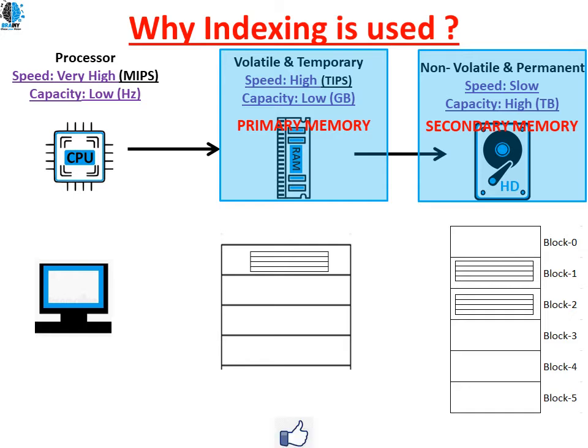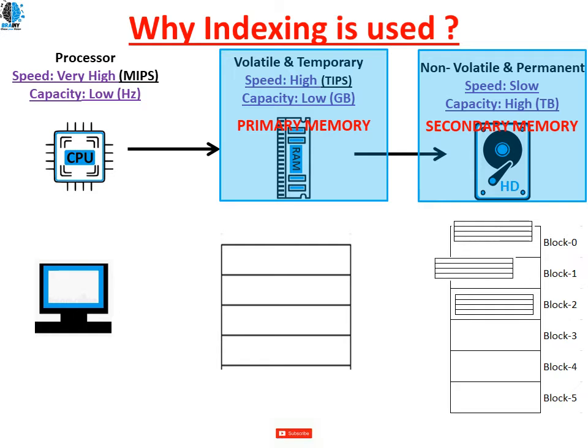It will check whether this particular block is correct or not. If the block is correct, the processor is going to execute the query. If this block does not have the desired content, it is replaced back to the same original place. Next, another block will come to the primary memory from secondary memory.